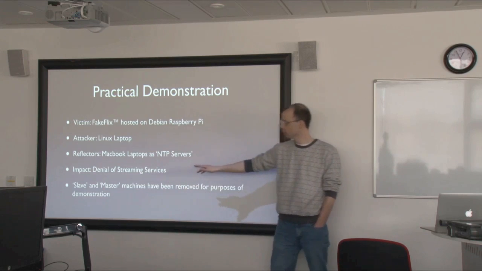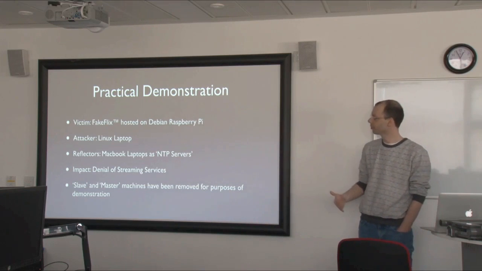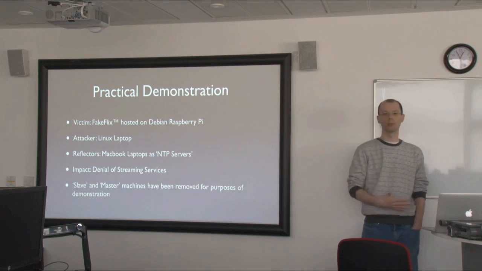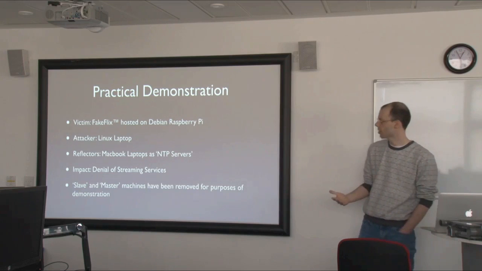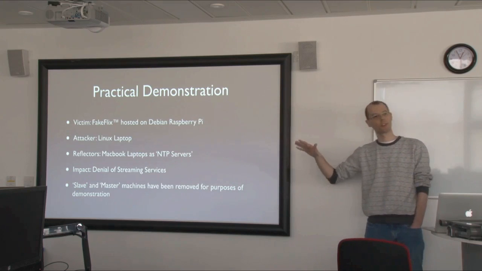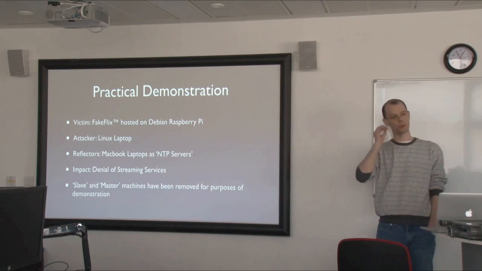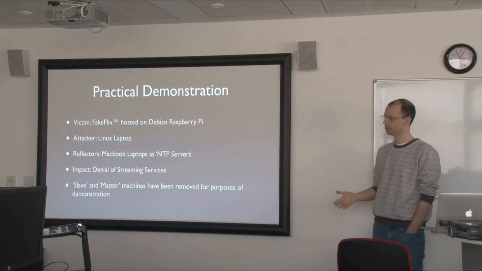So the impact will be that my Raspberry Pi, which is pretending to be Netflix or fake flicks, will be unable to stream the video that the client is trying to get. I've removed a couple of layers from that diagram because I just didn't have enough equipment to use. So I'm just using one attacker to bounce off one server to hit one victim.